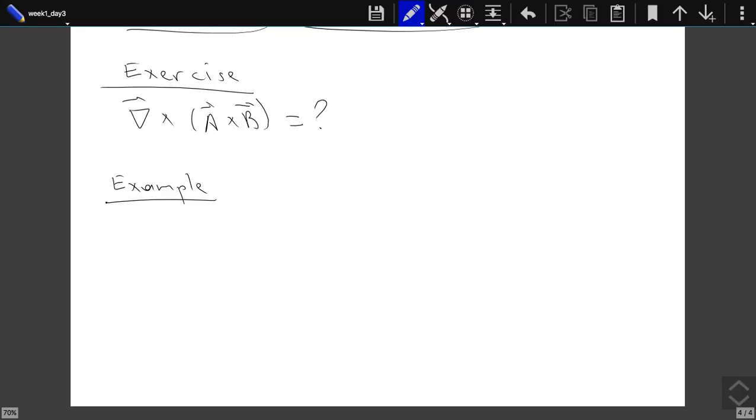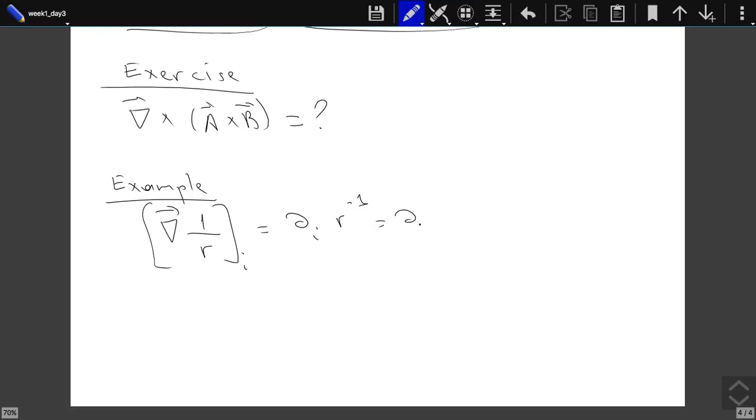Let's do another example. Now, you probably already remember that the potential corresponding to a point charge is 1 over r. It's a scalar field. Let's calculate the gradient of 1 over r. Let's start with the i component. This is equal to del i of r to the power minus 1.